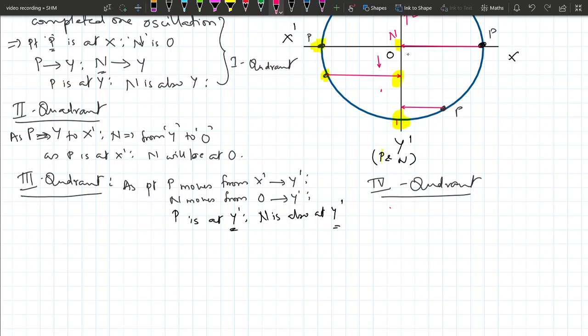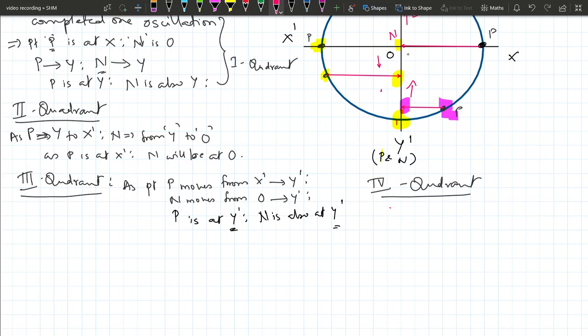Look here, you can make it out. This is the point P. Now the point P is in the third quadrant. The projection was at Y dash earlier. Now it is moving in the upward direction.